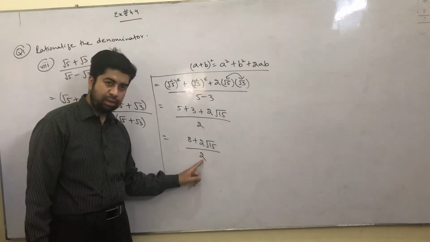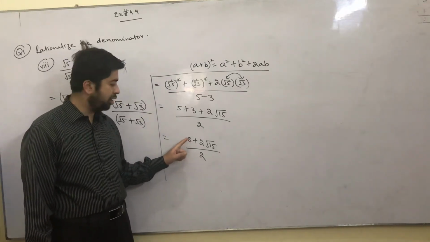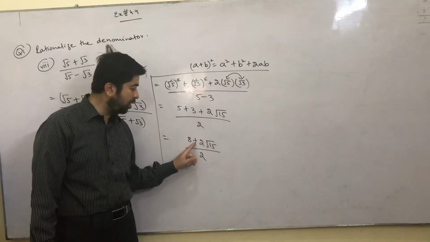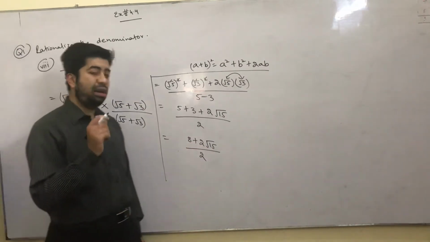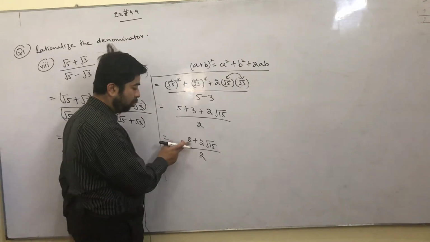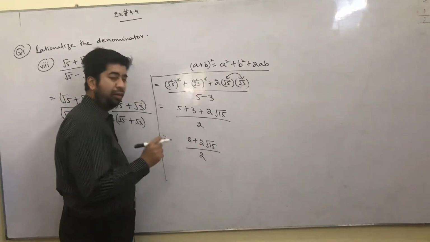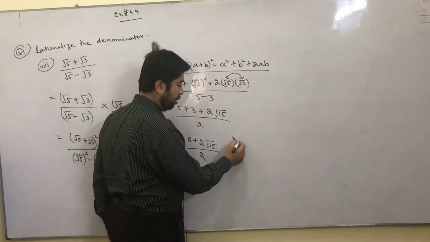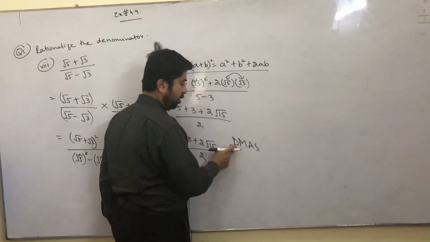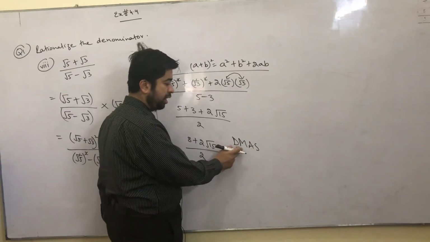Can I cancel this 2 with this square root 8? No, because 8 is bound with a plus sign to this 2 square root 15. I also can't do 8 plus 2, because according to DMAS, first is division, after that multiplication, after that addition.